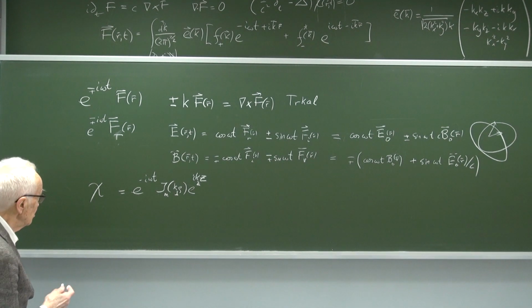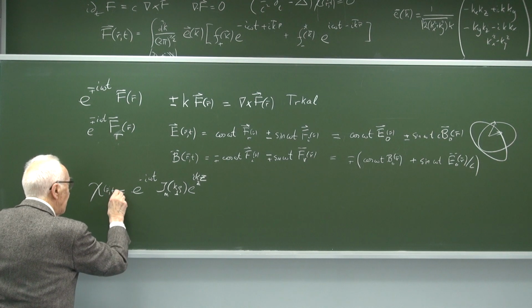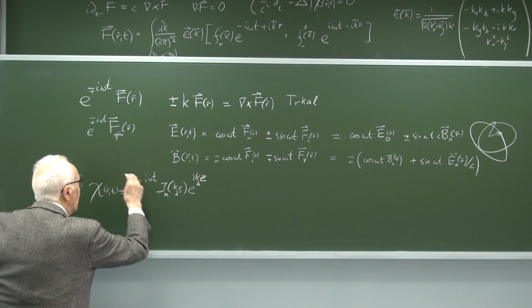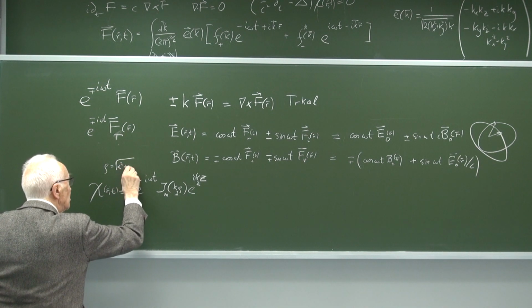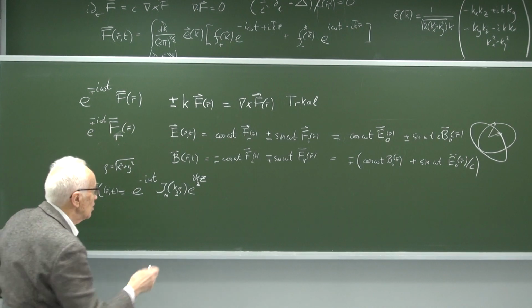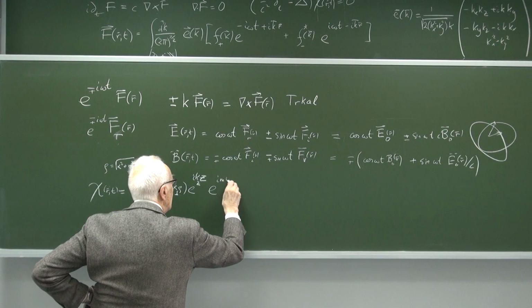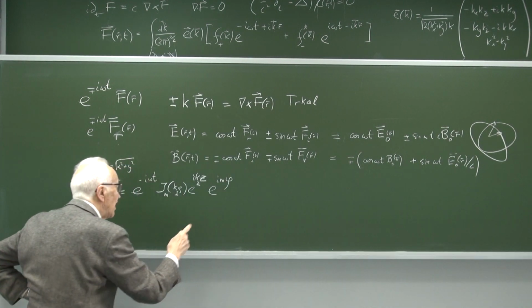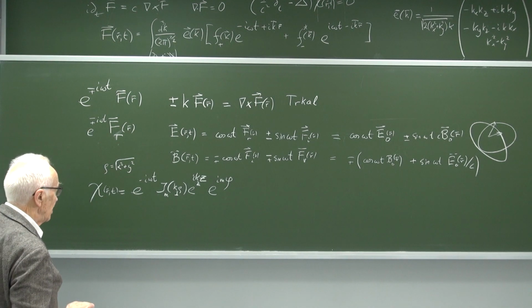So this is a solution of the wave equation. It's a function of r and t. I didn't say that rho is the square root of x squared plus y squared. We need also the factor of e to the i m phi, otherwise this would not be a solution of the wave equation.